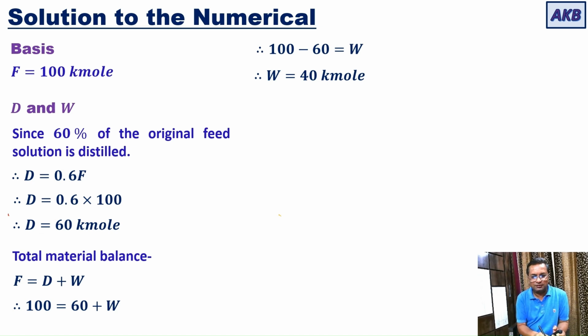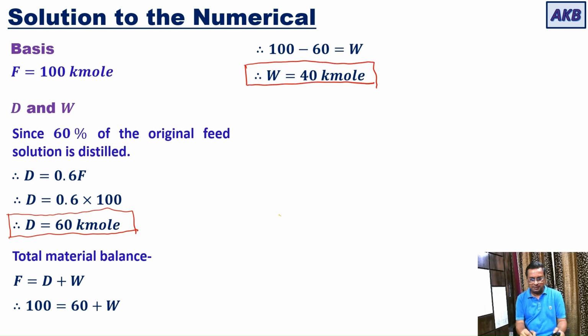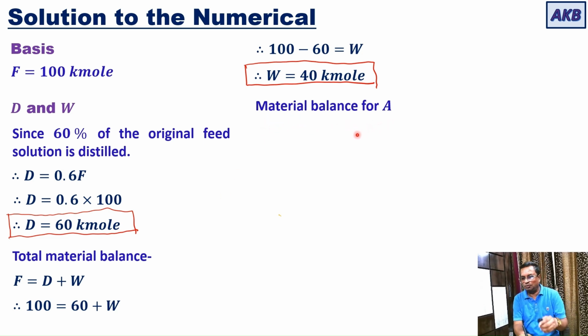So first we got D, 60 kilomole, and W, 40 kilomole. Then let us consider the material balance for A, the more volatile component, n-heptane, steady state material balance.